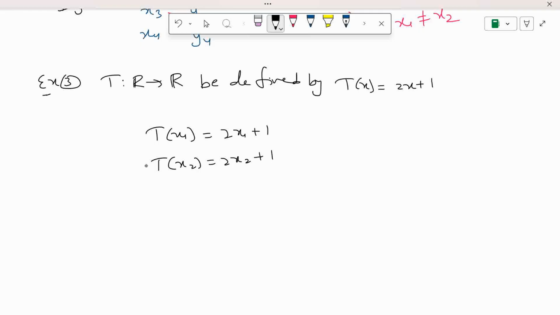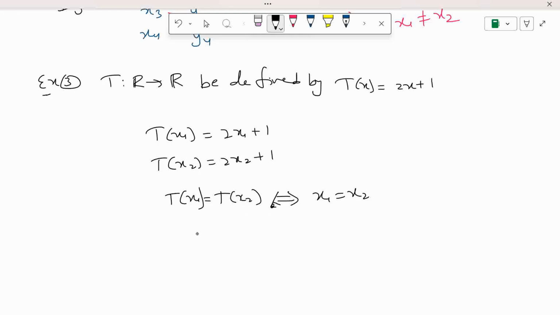Now from these two, by substituting x1 and x2, we can get that T of x1 equal to T of x2 if and only if x1 equal to x2. So again the new notation, this one, it is if and only if.